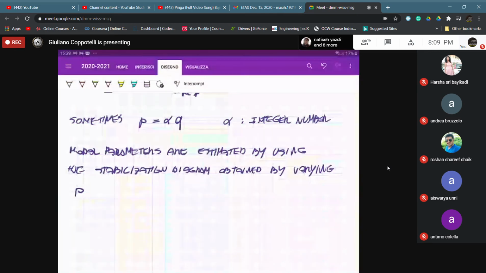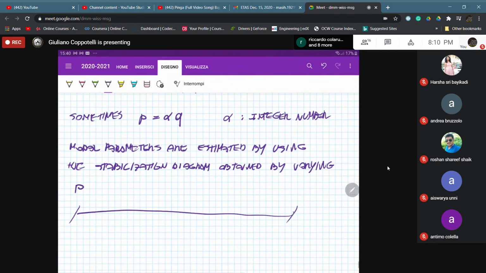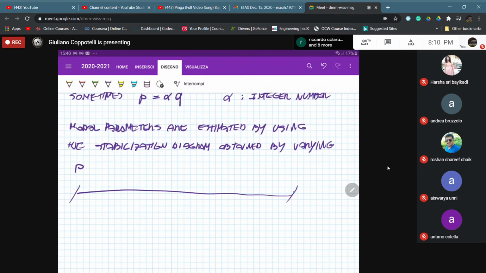Now, let's see the second approach. The second approach is the frequency domain decomposition, FDD method.